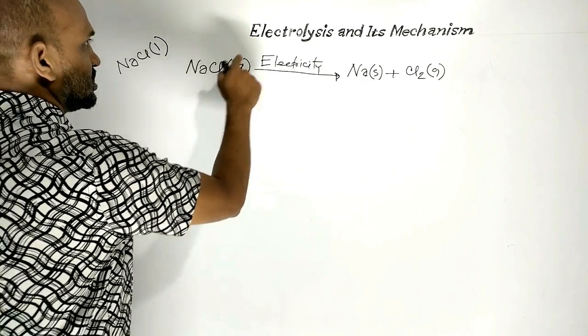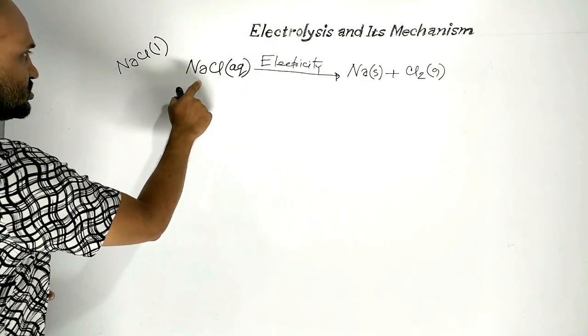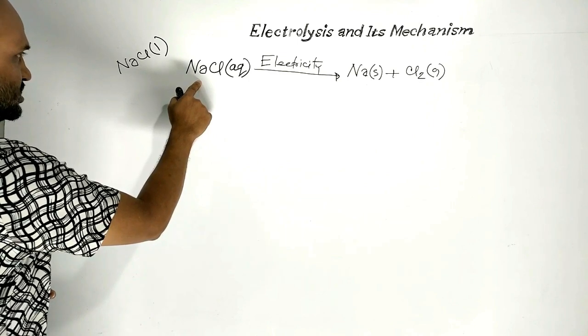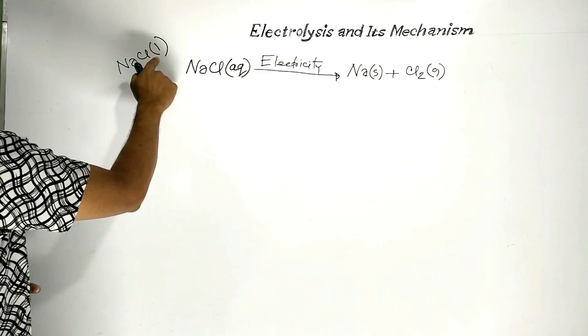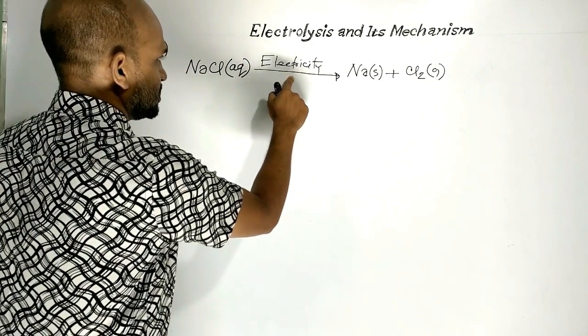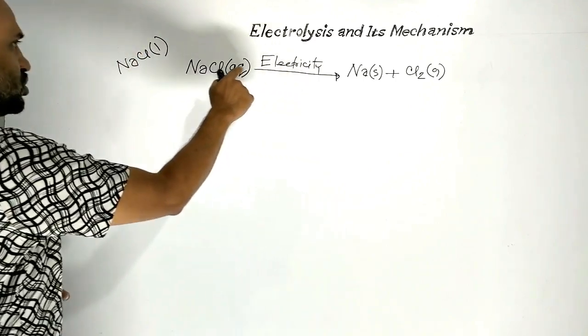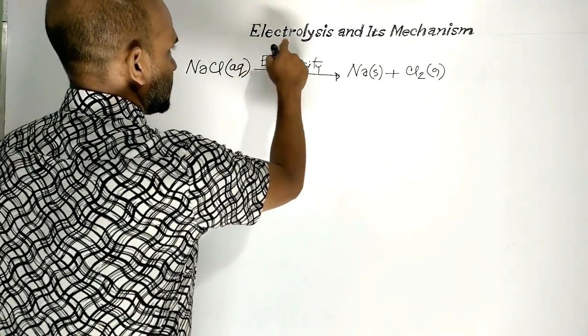Again, the decomposition reaction of an electrolyte in its solution or in its molten state by passing electricity through it is known as electrolysis. What is the application of electrolysis?